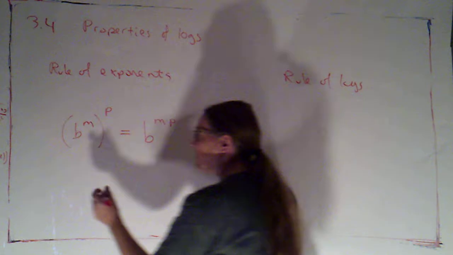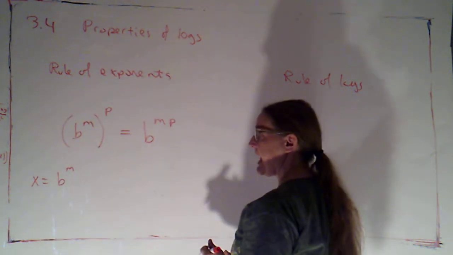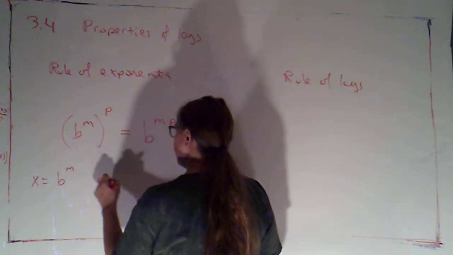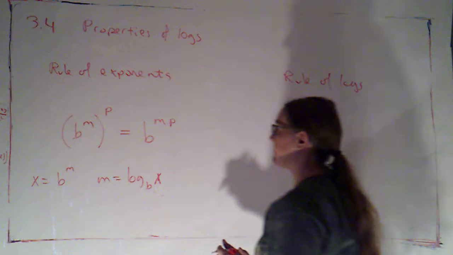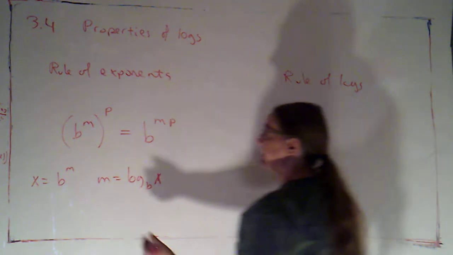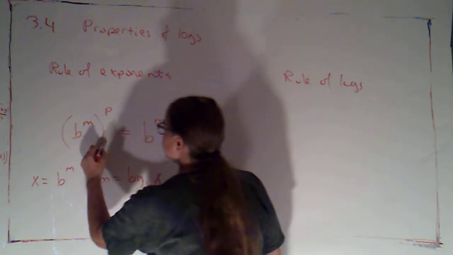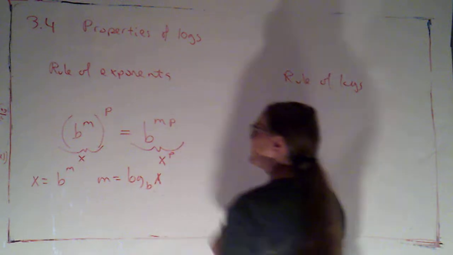Okay. I'm going to once again let x be b to the m, so that I can say that m is the log base b of x. And then what we're saying here is that this is basically x to the p.